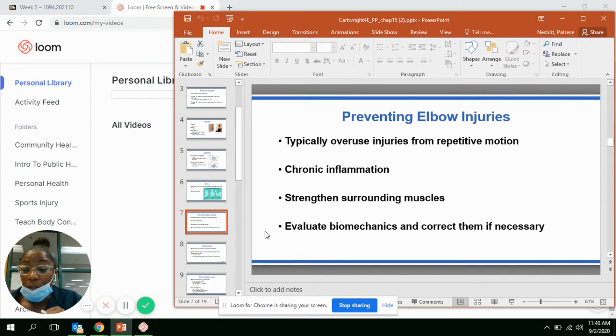Make sure you help them strengthen the muscles around the elbow. We know to do tricep extensions or any type of tricep movement, dips, anything of that nature. Same thing with your bicep. Bicep is a muscle we sometimes ignore, so any type of bicep curl, preacher curl, any type of curl will help strengthen those muscles. Additionally, you want to help them strengthen the wrist extensors and flexors.